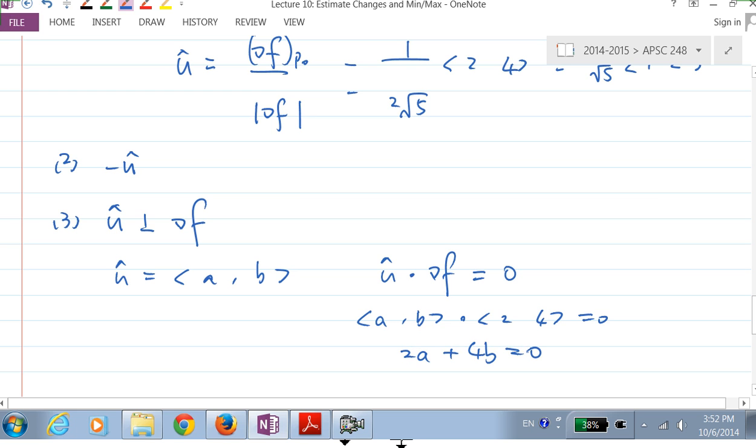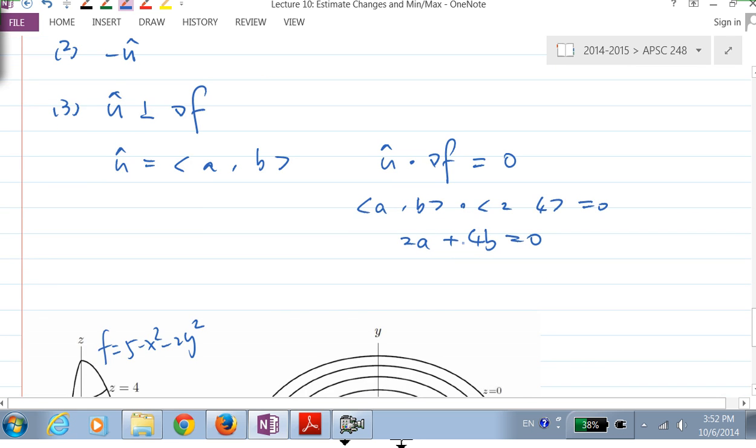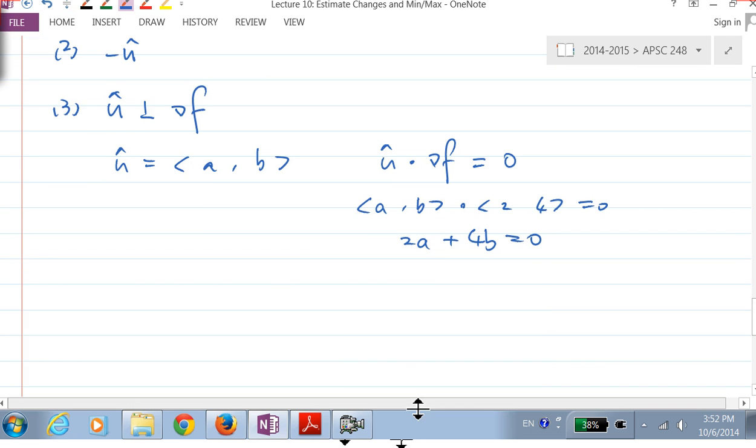Does that make sense? Now, how many equations do you have here? One equation, but how many unknowns? Two. So what can we do? Does that mean we have infinite solutions?